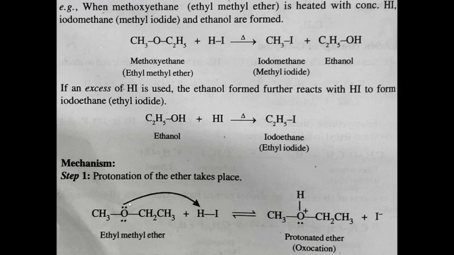Here the lone pair of electrons will abstract the hydrogen, and then it forms a protonated ether, which is what is called an oxocation, a positively charged oxygen. So this is CH3-O+(H)-CH2CH3 plus I minus. This is the iodide nucleophile. So here a nucleophile is generated in the first step after the protonation of the ether.